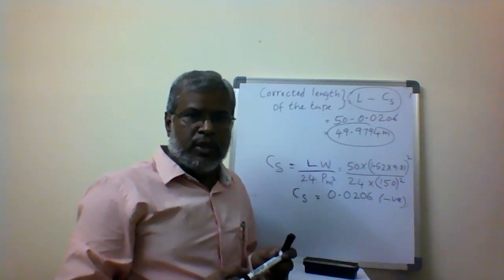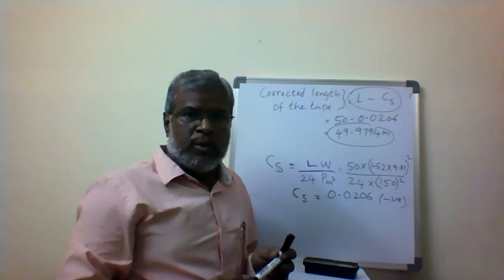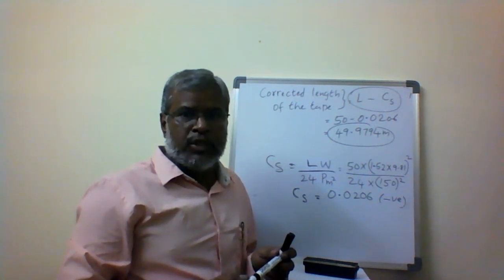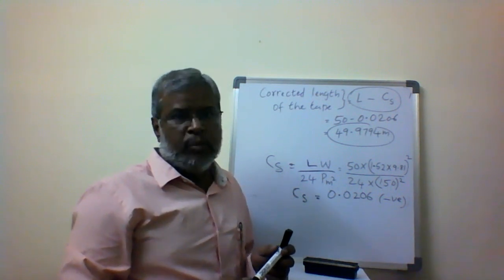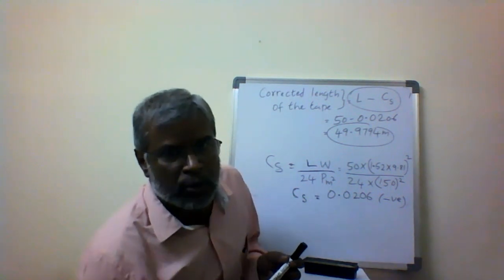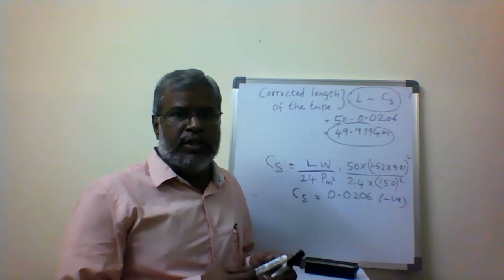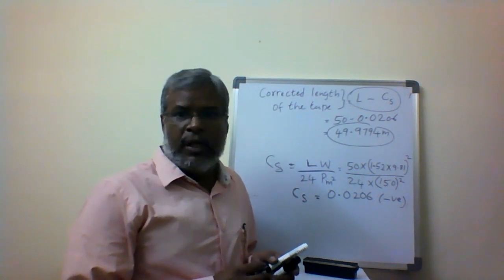If the tape is supported at uniform distances, there is no sag correction. If it is more than 30 meters and the end distance is measured, then sag correction is applied.